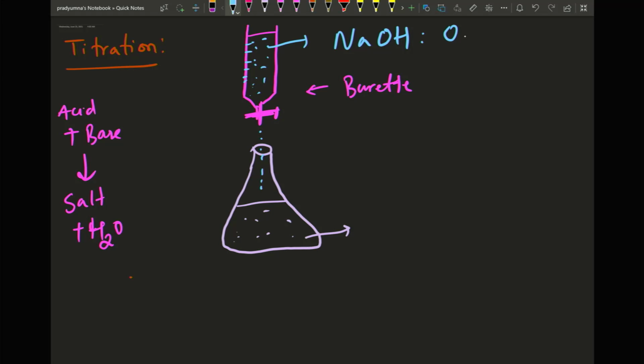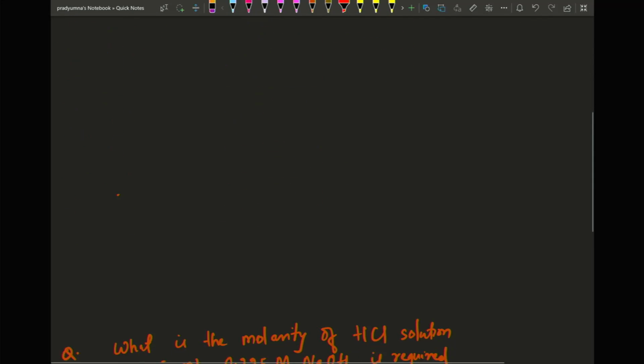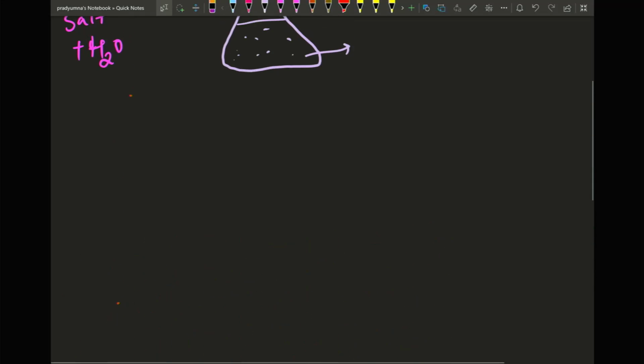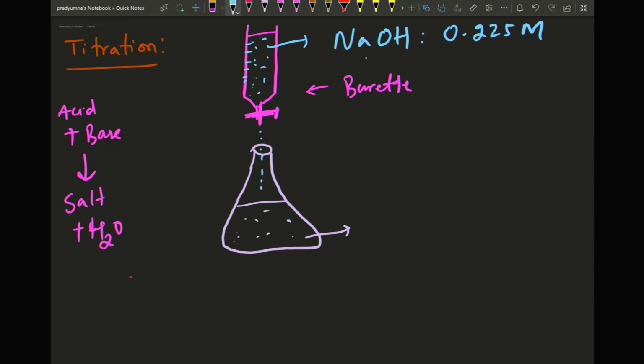Sodium hydroxide was 0.225 molar. How much did we use? We used 18.5 milliliters. So when you do the experiment, you can measure the volume. The volume was 18.5 milliliters.